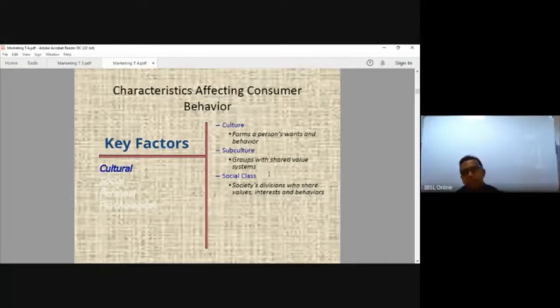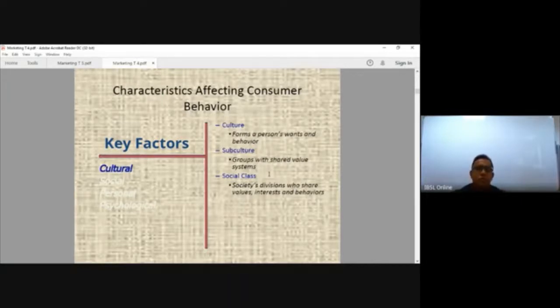For example, say there are people who are coming from a village or rural background, so their buying behavior is different to people who are born and bred in Colombo, because they were in a different culture. Subcultures are sometimes formed due to religion and race.